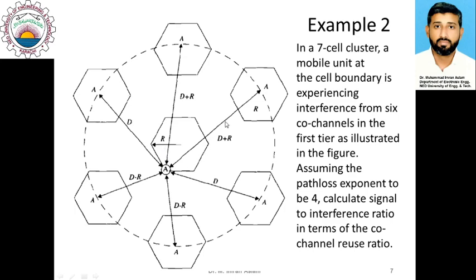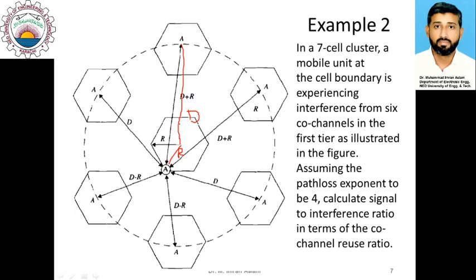For all others, we can approximate the distance. For example, if we are taking this cell, the distance from this center of the base station is D, and from there to this boundary is R. Let me show with a pointer. The distance from here to here is D, and from here to here is R, and this direct distance would be different.